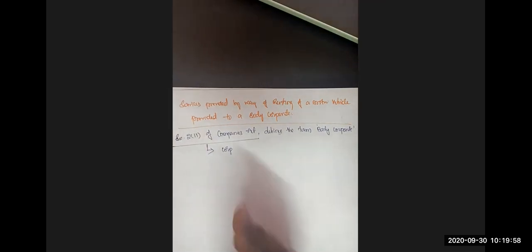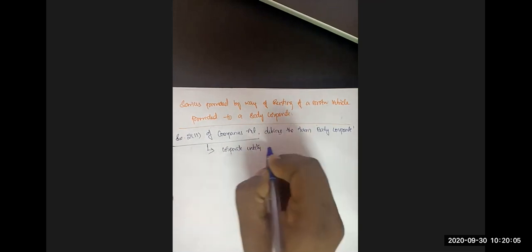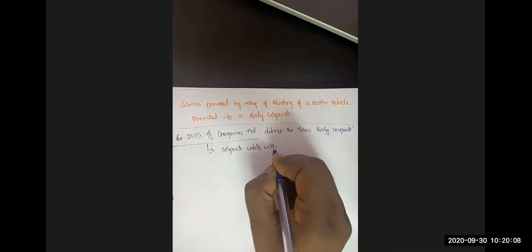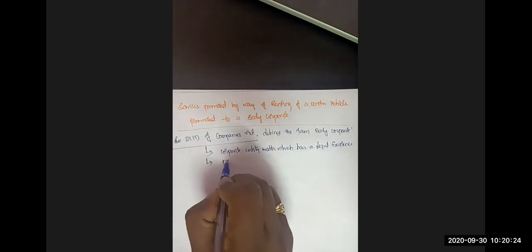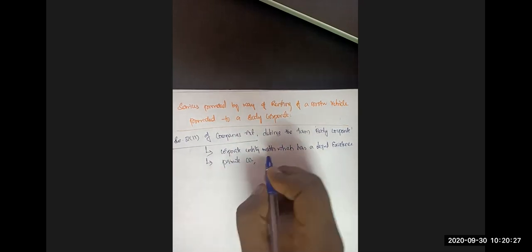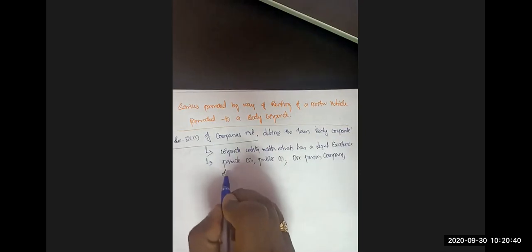Right. So body corporate means a corporate entity which has a legal existence. For example, it covers private companies, public companies, even OPC, one person company, and small companies.